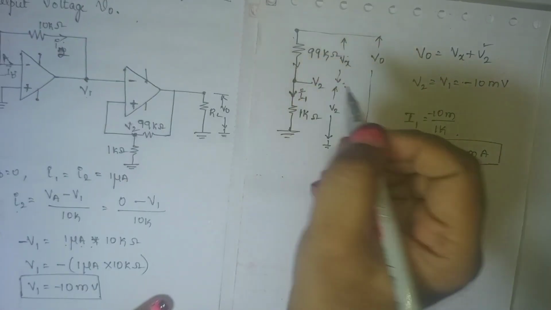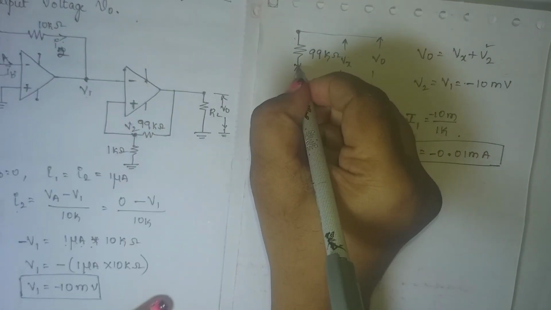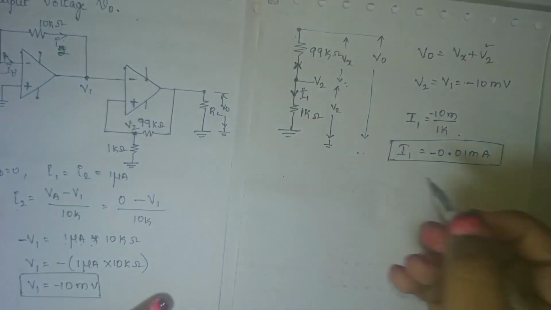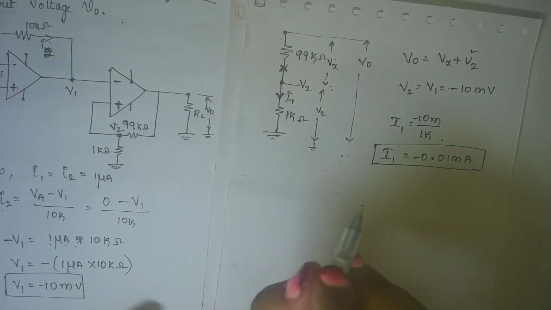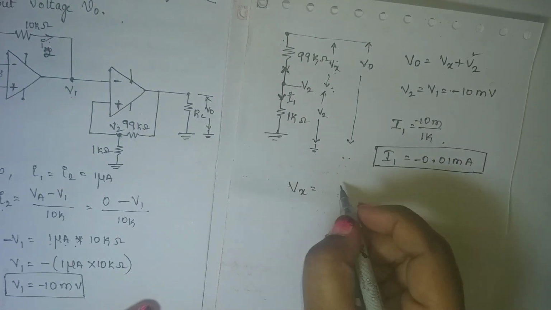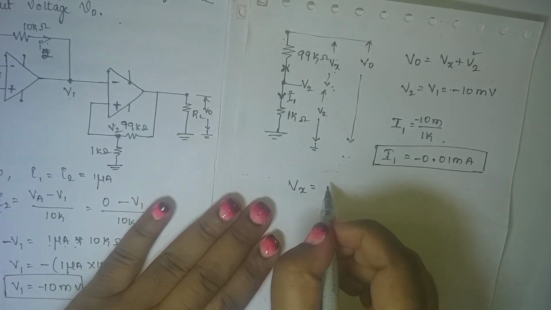Here also you will have the same current. If it is minus, it means that it is flowing in the reverse direction. Whatever the direction may be, I just need the value of voltage here. So now I need to calculate Vx.